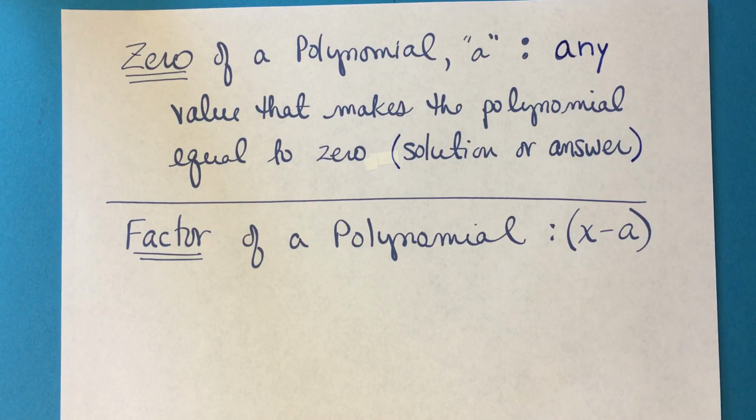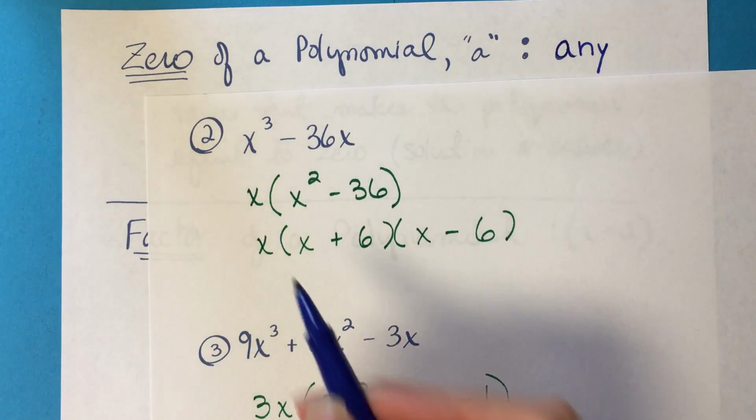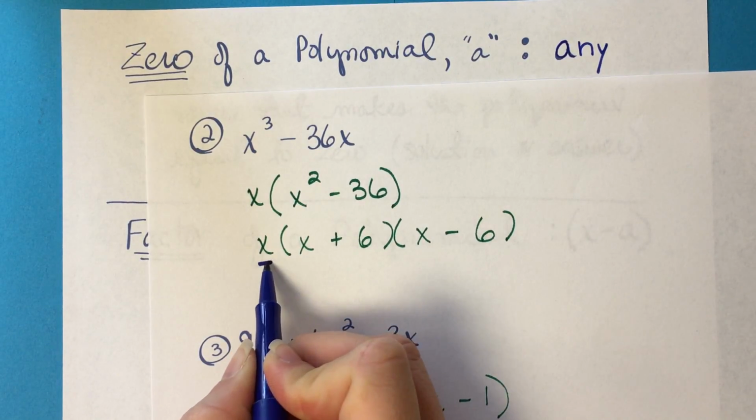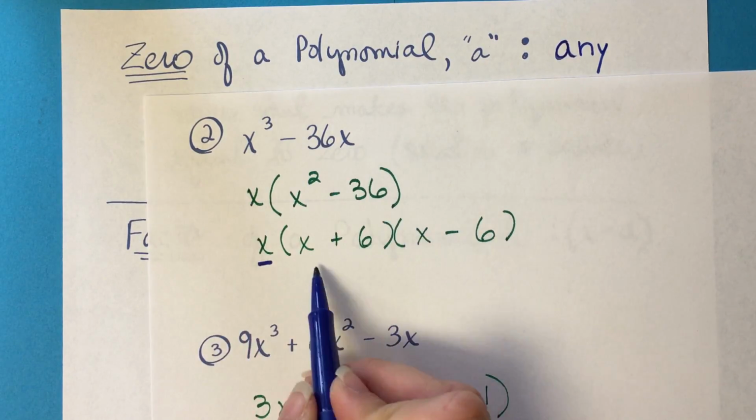So, let me flip back over here real quick. These problems in which we were factoring, like for instance on this second example, the x that you have out front, that would be a factor of this polynomial.